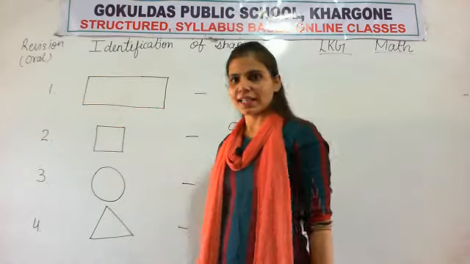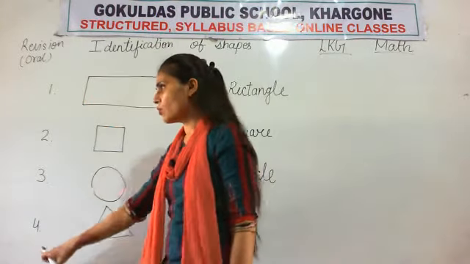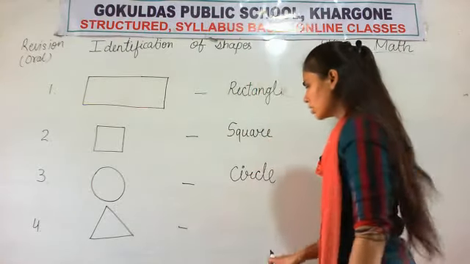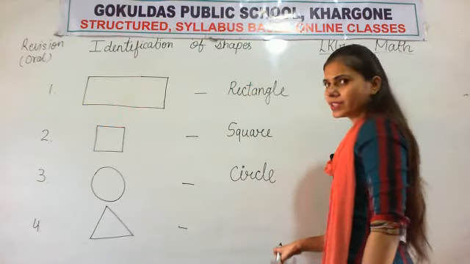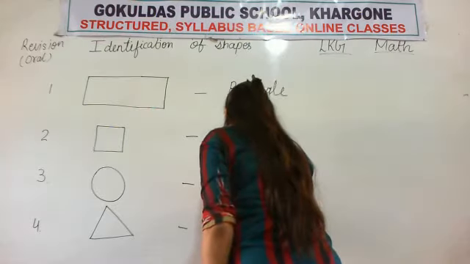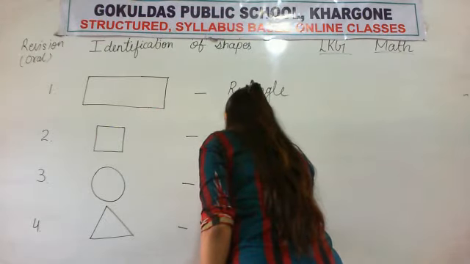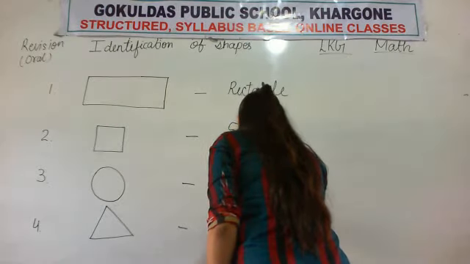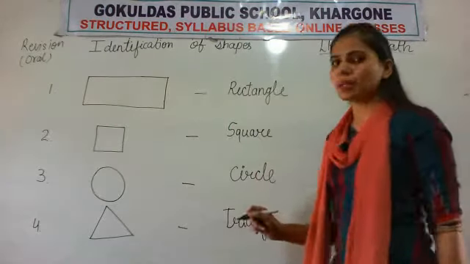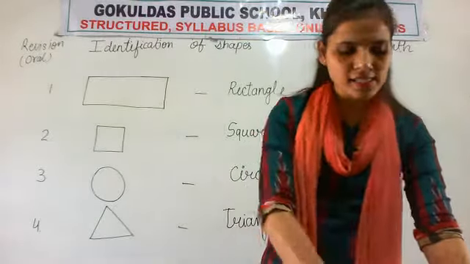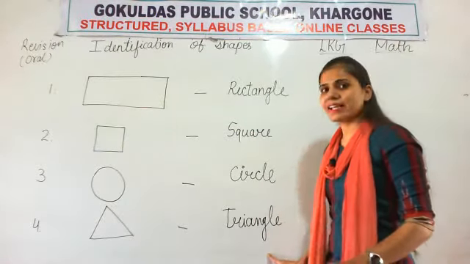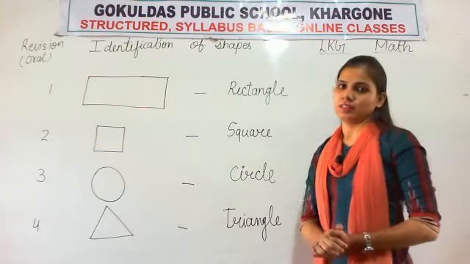So you say on number 4, this is triangle. So here we write triangle. Okay, on number 4, what is this? So on number 4, this is triangle.